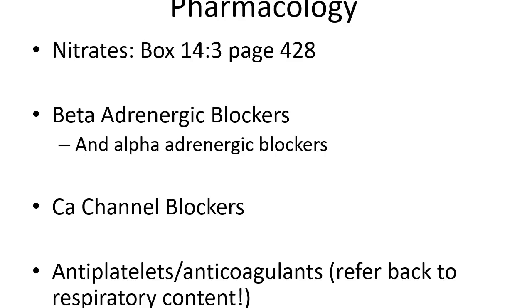We know it's going to slow down their heart rate, but if it slows it down too much, we've got another problem going on. It can drop the blood pressure too much. So severe hypotension can happen with a beta blocker. So it's going to help to improve our cardiac function by slowing down the heart rate and lowering the blood pressure, but we have to monitor heart rate and blood pressure as adverse possibilities.